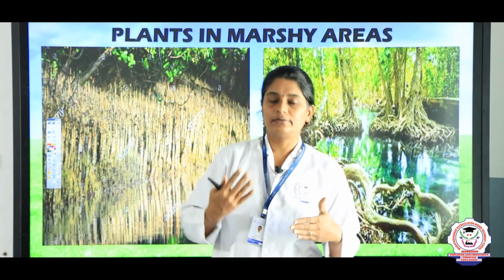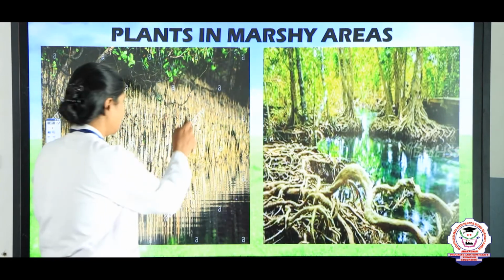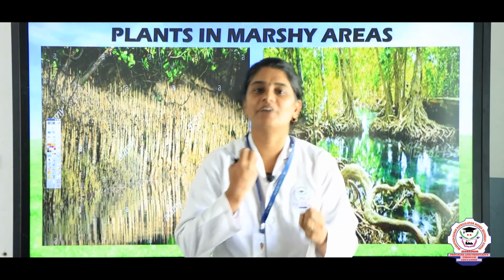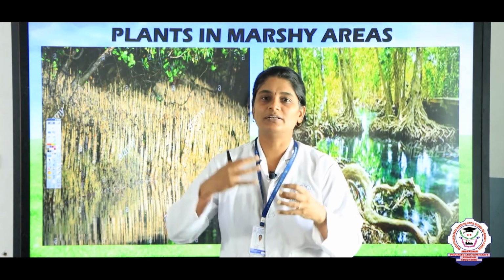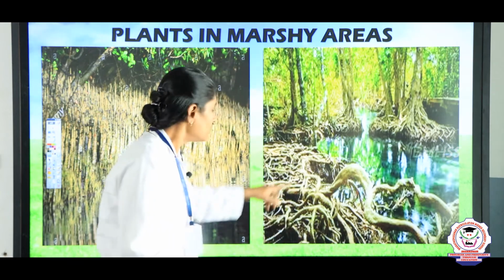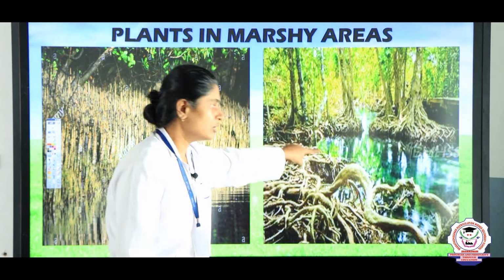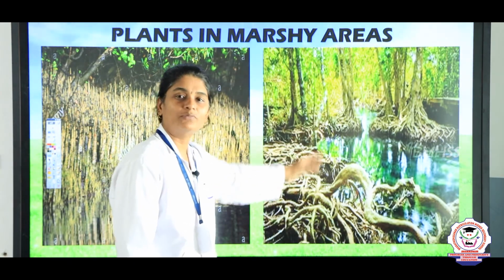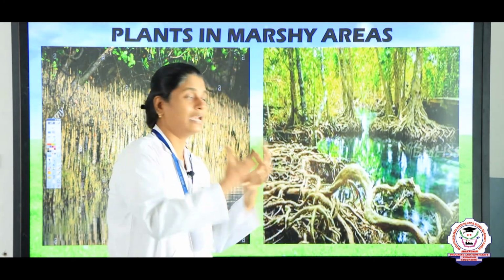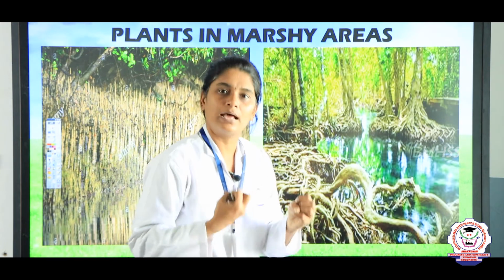The roots of these trees do not get a sufficient amount of air. That is why the roots of the trees grow above the soil. You can see the roots of the trees, right? They grow above the soil, and these roots help the plant to take in the air.